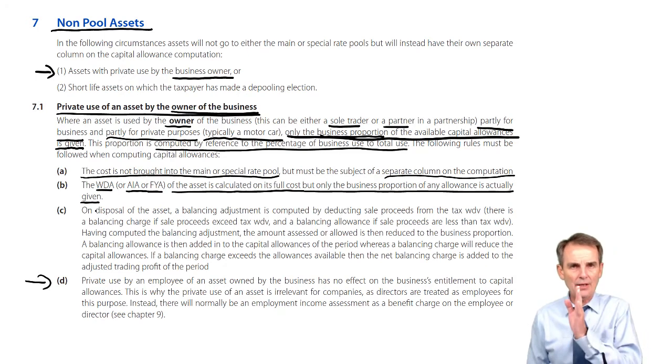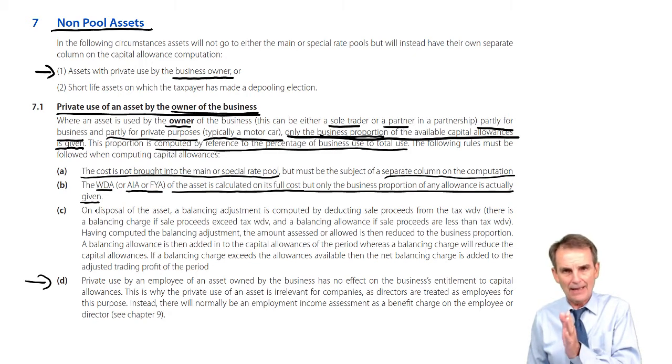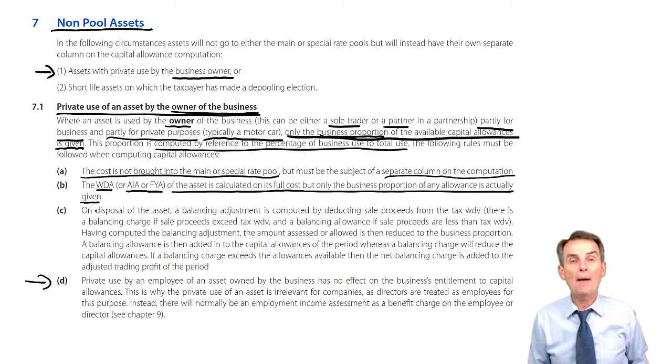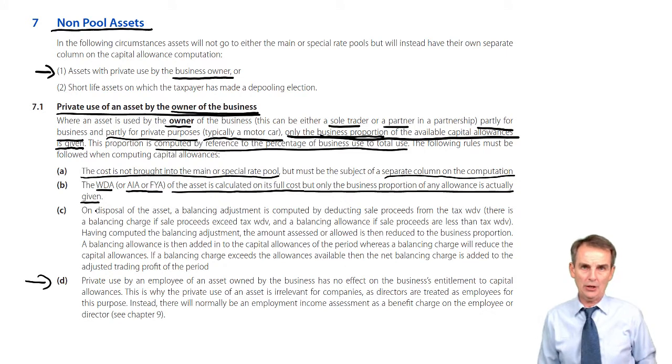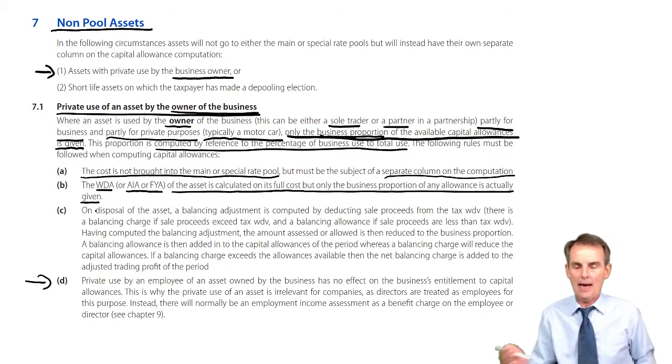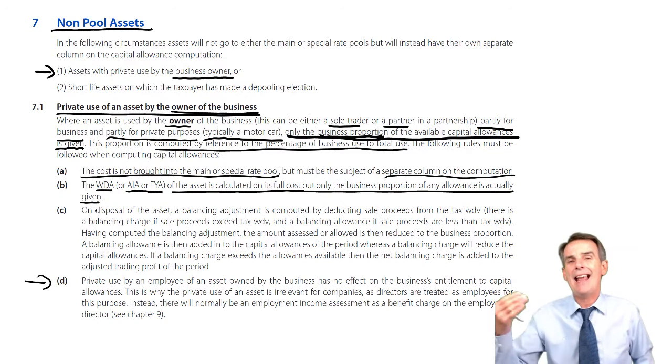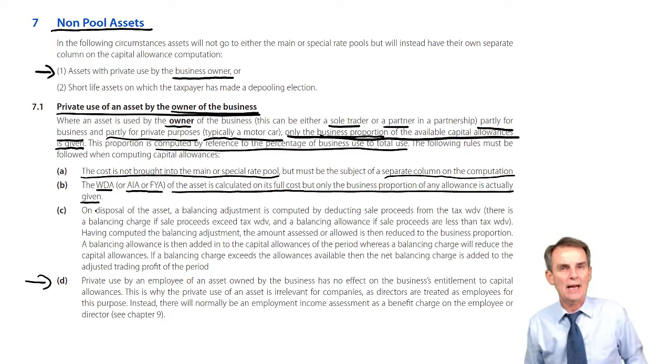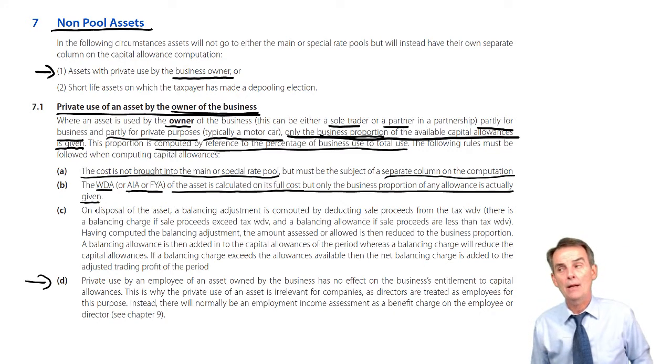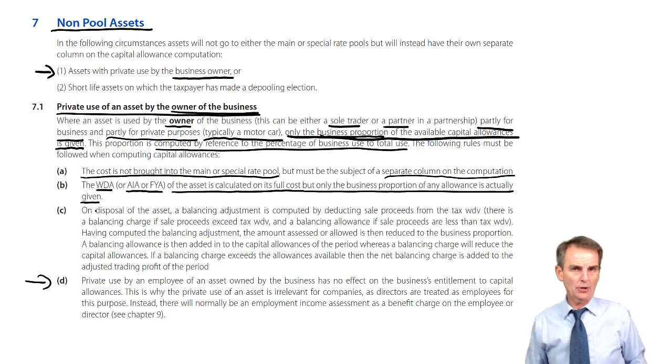Anything we've identified individually as such a non-pool asset, then if it is sold, what we call a balancing adjustment will arise, which will clear up any outstanding allowance that might be available, or indeed will claw back in the case of any excess allowances that we have been able to claim, given now what the sales proceeds are on the sale of this asset.